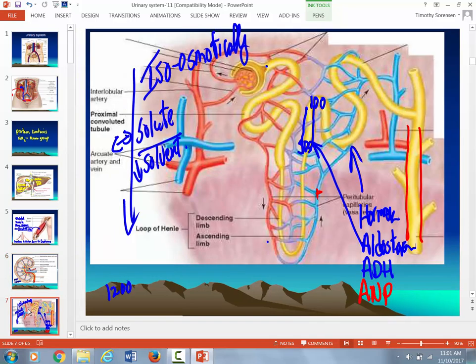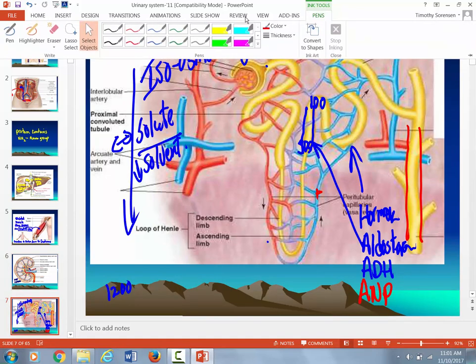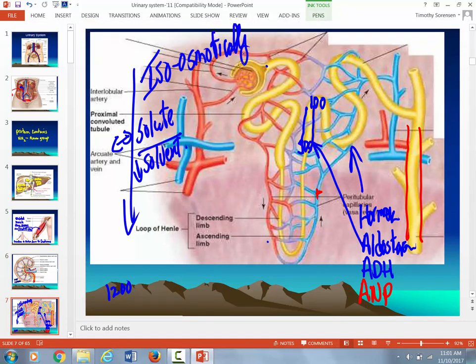One more thing about the distal convoluted tubules. This is where a lot of drugs are actively secreted from the blood into the urine. Now, watch. All drugs are metabolized significantly by the liver and excreted by the kidney.